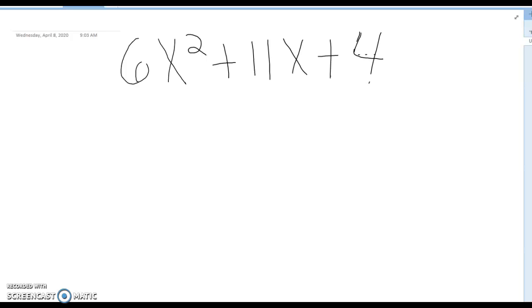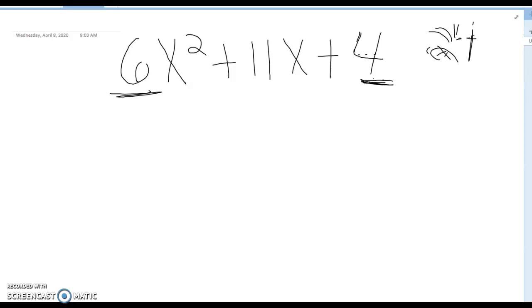In doing this, what we first want to look at is if we multiply the 6 and the 4 together, we're going to get 24. Now I'm looking for factors of 24 that, when I add those two factors together, equal 11.